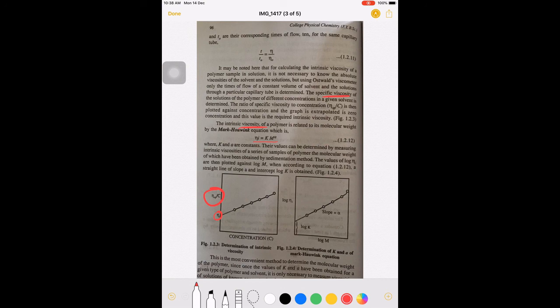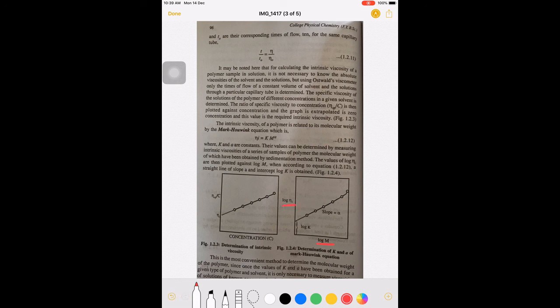Here k is a constant and a is also a constant. Their values can be determined by measuring the intrinsic viscosity of a series of samples of polymers of different molecular weight by this method. The values of log eta I are then plotted against log M. Now see this graph.